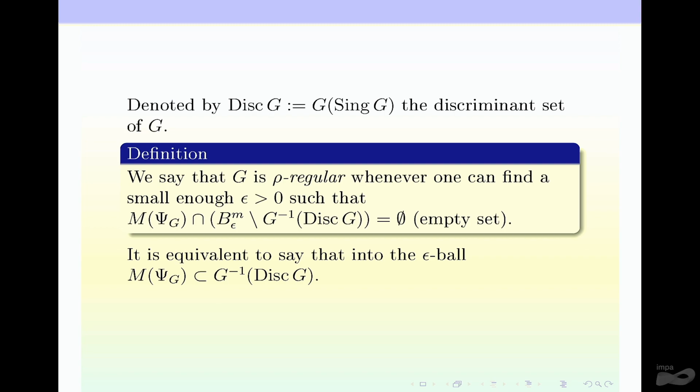So it's equivalent to say that in the epsilon ball, the Milnor set of G is included here. Okay? So that is our definition. There are several equivalent definitions, actually.